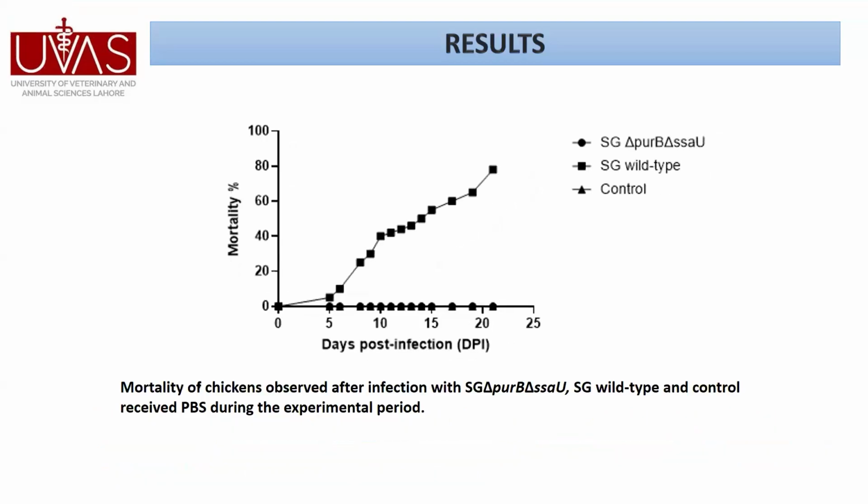Here you can see that the mortality in birds inoculated with the wild type went up to 80% till day 22. With our mutant strain, the mortality was 0 till day 22 that we measured, and later in other studies, through all their life, there was no mortality.